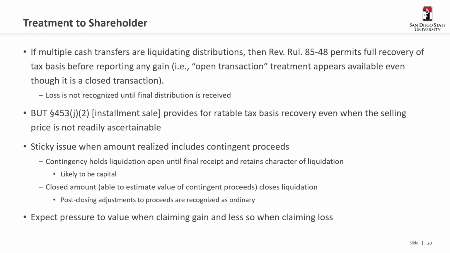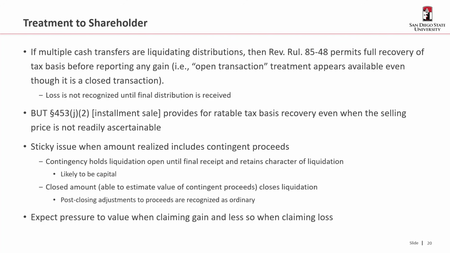and any post-closing adjustments to proceeds are now considered ordinary. Okay, let's think about that for a second, because there's a distinct difference here between an open transaction and a closed transaction. The contingency holds the liquidation open until final receipt and would retain the character of the liquidation.